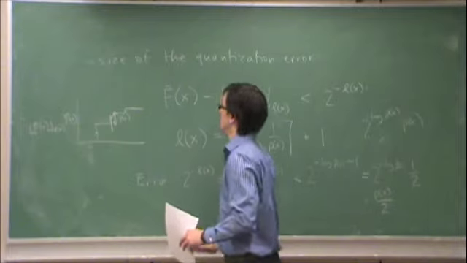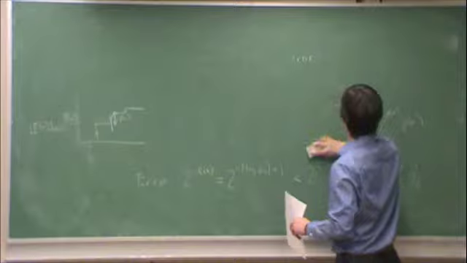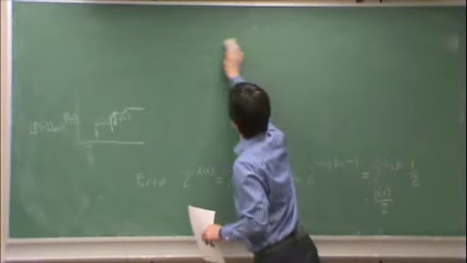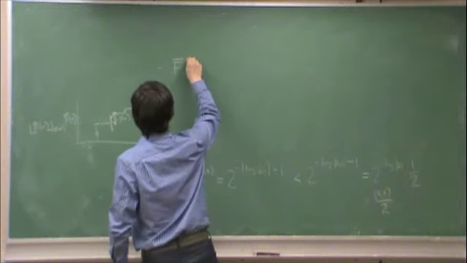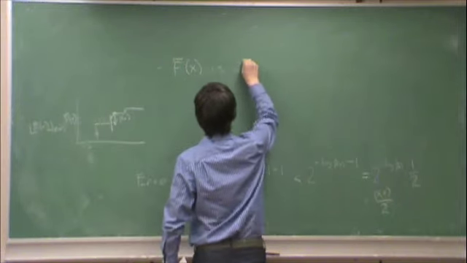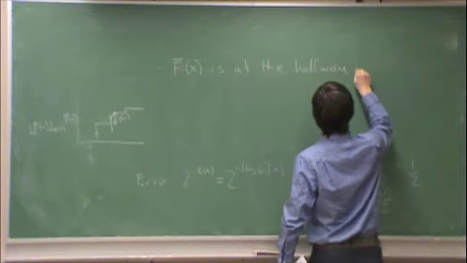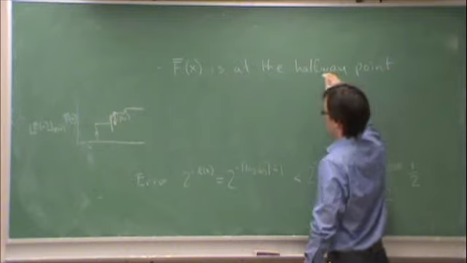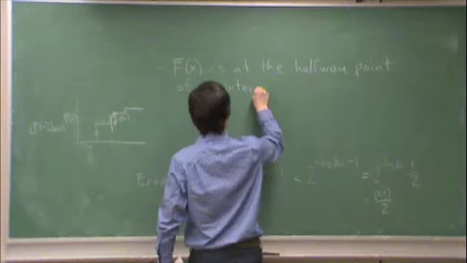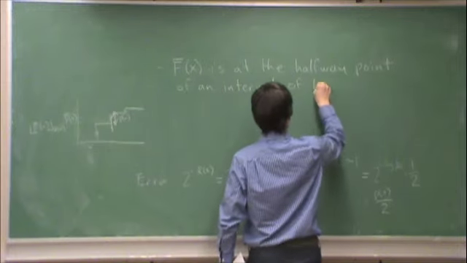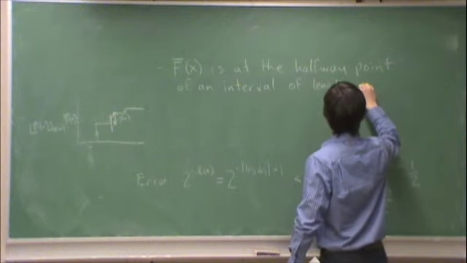So the idea is that f bar of x is at the halfway point of an interval of length p of x.